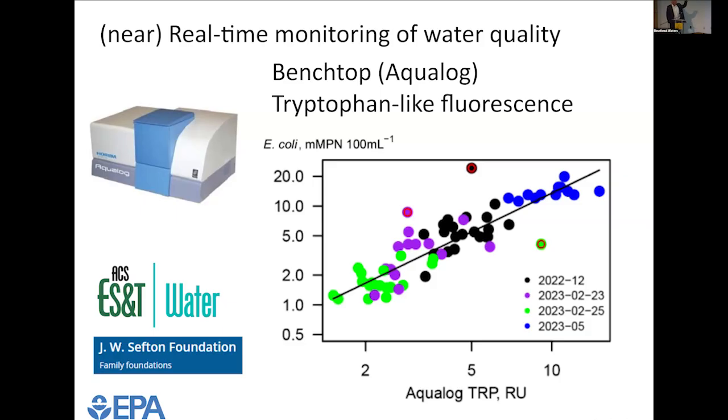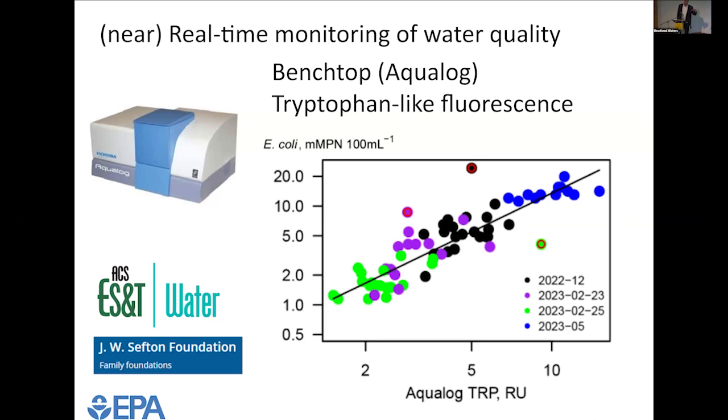And that's a sensor that we have in the lab, where you take a water sample, you run it through this machine, and you get a reading on what's called tryptophan fluorescence. That's on the x-axis. The y-axis is the amount of bacteria in the water. And we've tested this with both storm samples and dry weather samples. And there's a pretty good correlation between the fluorescence, which is easy to measure, and the bacteria, which is hard to measure.